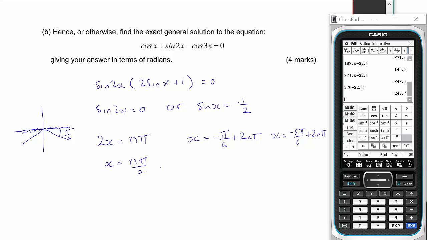So we've got x is n pi by 2, -pi by 6 plus 2n pi, or -5 pi by 6 plus 2n pi, for n being an integer.